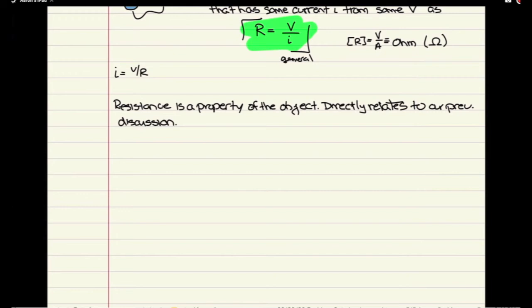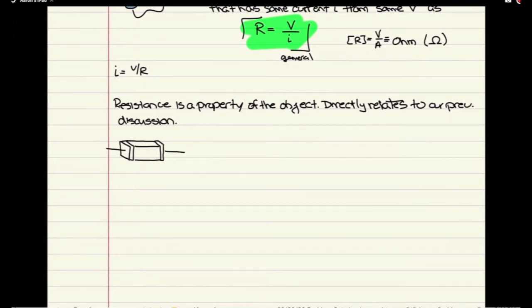So let me consider a simple toy resistor. I'm going to assume it is made of some material that I'm going to color red.